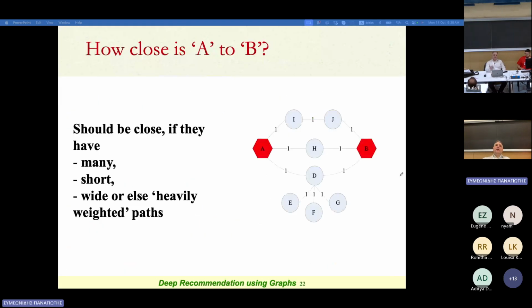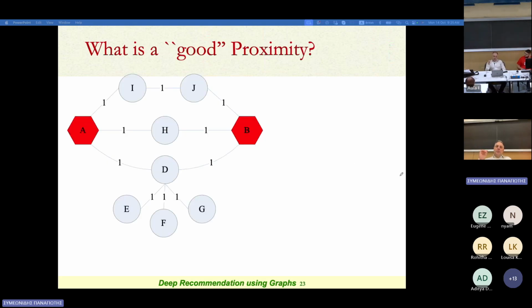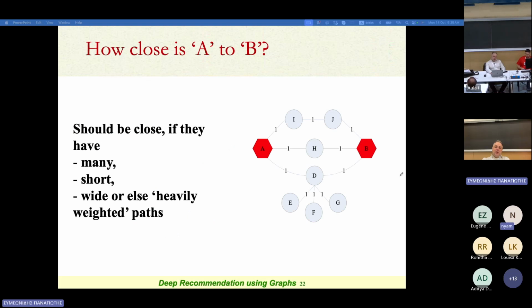About similarity, a very important issue is how you can infer similarity in graphs. Of course, we have to keep in mind how similar, let's say, node A and node B are. In order to infer this, you need to take many things into consideration.